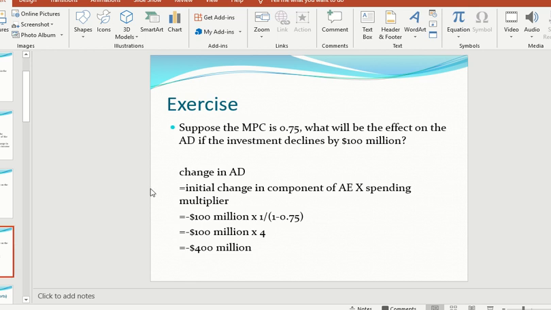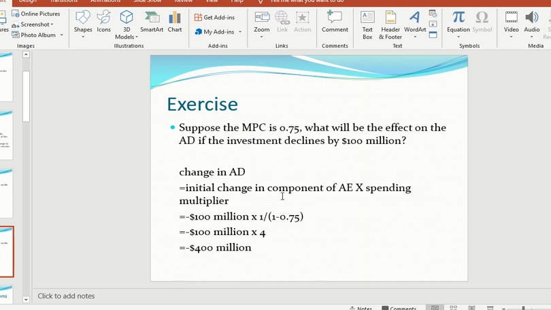It is actually exactly what we have done for the questions in the appendix. So this is how we set up the question. The change in aggregate demand is equal to the initial change in either one of the components of aggregate expenditure multiplied by the spending multiplier.